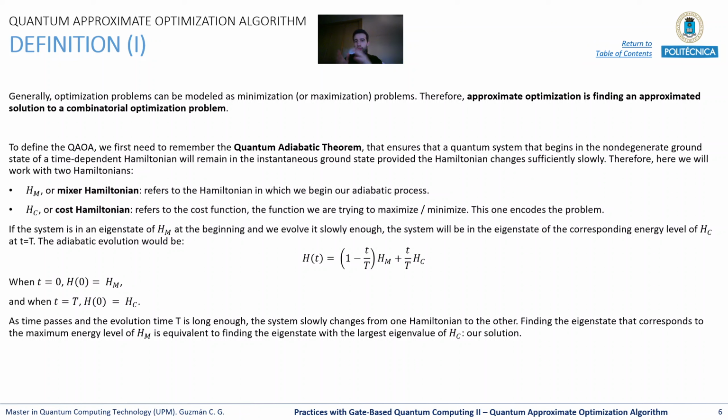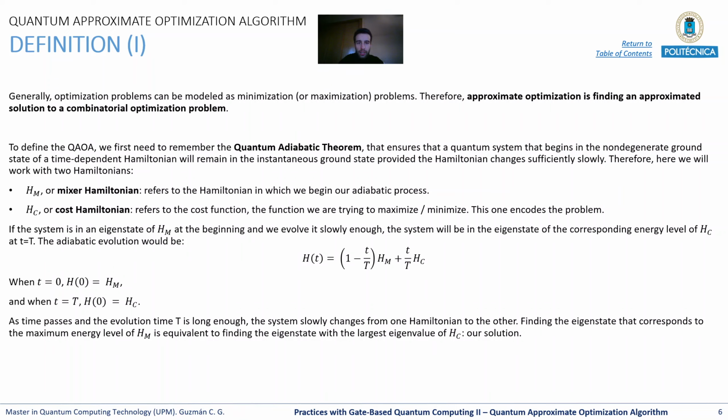Jumping into the QAOA, to define it, we first need to remember the quantum adiabatic theorem. I know that you have seen this before in other classes, but let's refresh that concept. It ensures that a quantum system that begins in the non-degenerate ground state of a time-dependent Hamiltonian will remain in the instantaneous ground state, provided the Hamiltonian changes sufficiently slowly.